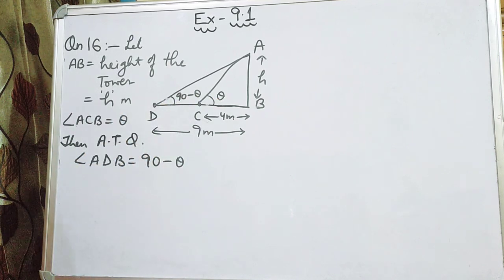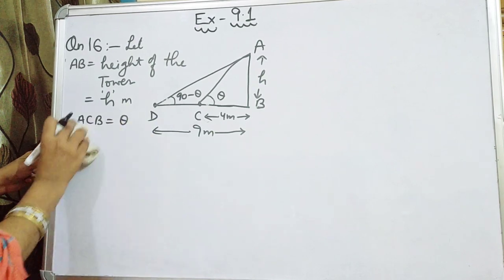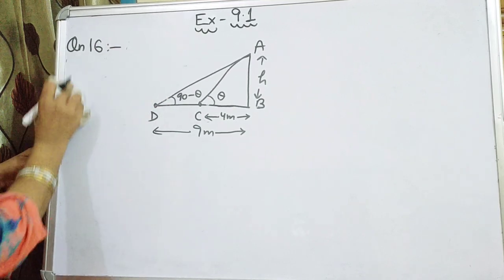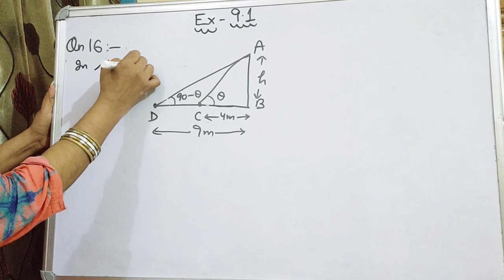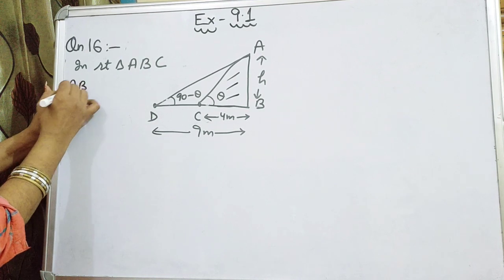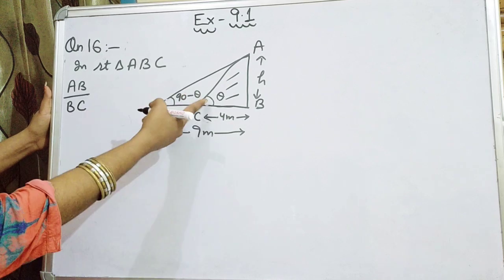So now we have to take 2 right triangles as we have done earlier in the earlier questions. First I am going to take right triangle ABC. In this triangle ABC, I am taking the ratio AB by BC. This is the perpendicular and this is the base for angle theta.